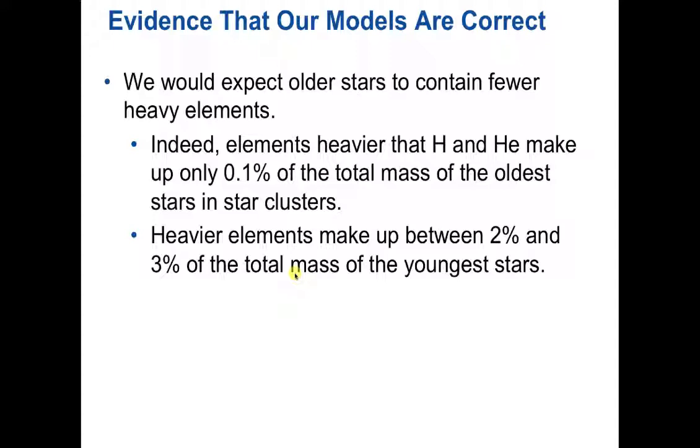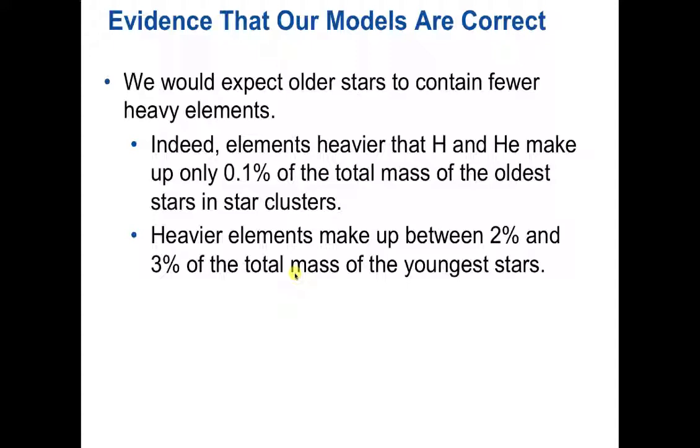We find that elements heavier than hydrogen and helium make up only about maybe 0.1% of the total mass of the oldest stars in star clusters. And so astronomers take a lot of time looking at star clusters, really trying to find the oldest ones and measuring what they call the chemical abundances, atomic abundances, to see what it is made of.